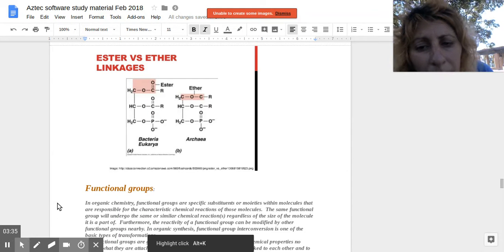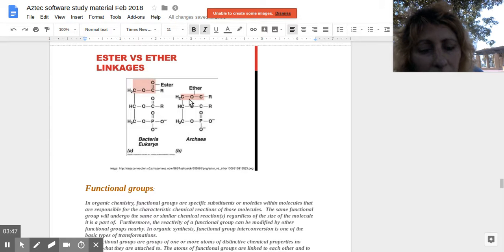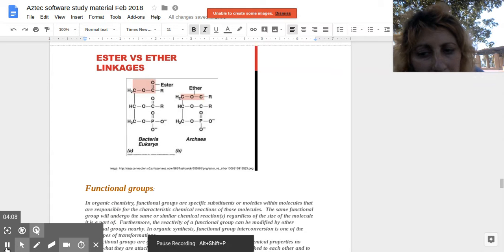In this example, you have an ether bond, which is shown. Ether bonds are carbon, oxygen, carbon bonds, all single bonds. Ester bonds have the same thing that an ether has: carbon, oxygen, carbon, but they also have an extra double bond to an oxygen. So that's an ester bond.